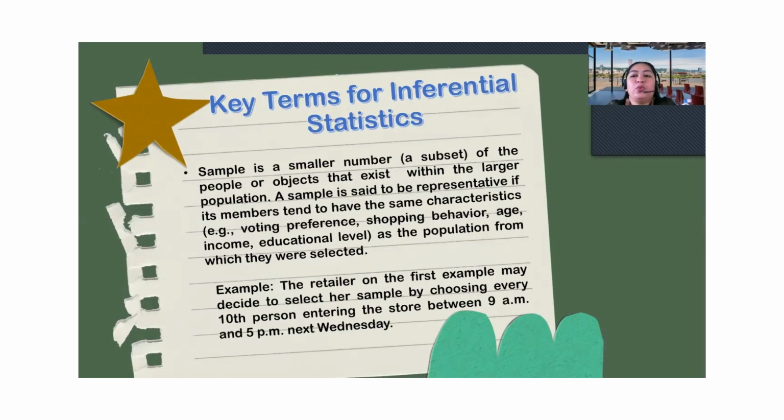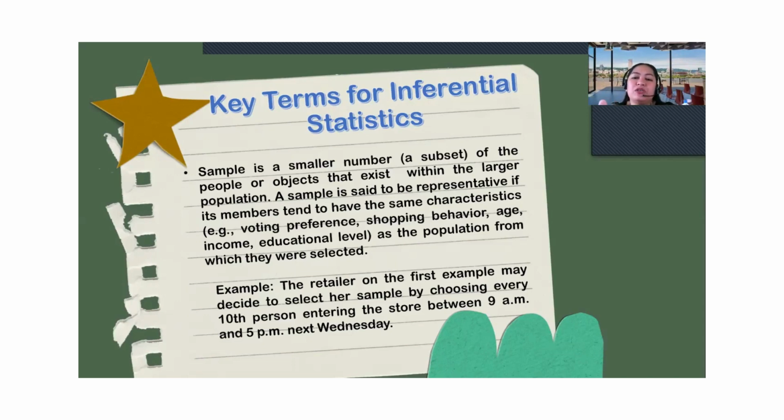Okay, so we also have sample. If population is the whole group of people, a sample is a smaller number; from the population, you will just get samples. A sample is a subset of the people or objects that exist within the larger population.